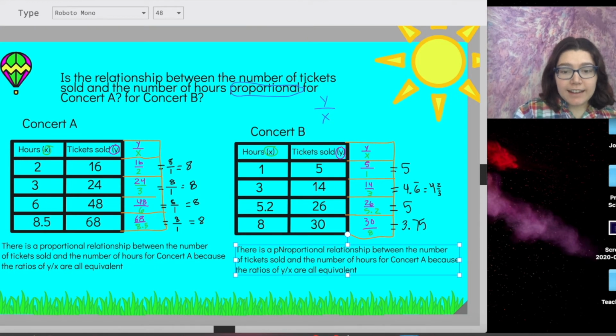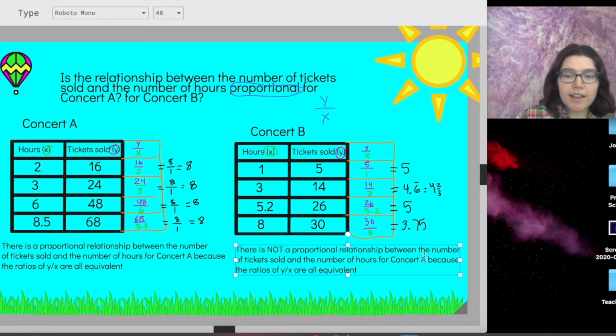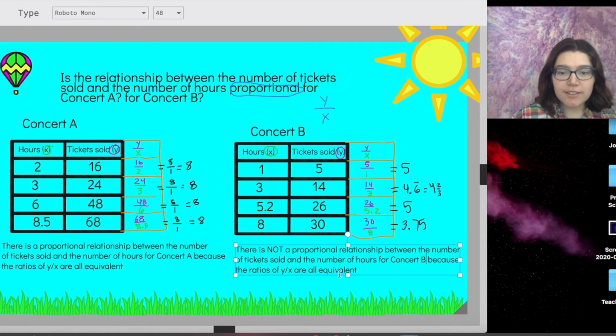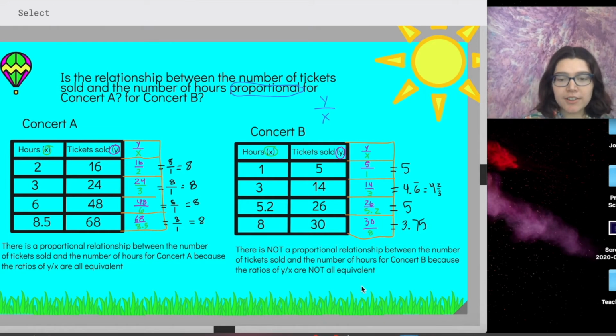There is not a proportional relationship between the number of tickets sold and the number of hours for concert B because the ratios of y to x are not all equivalent. Right, so I just copied and pasted and added in "not" because that's really the difference. In proportional relationships, the ratio is the same for every pair, and for non-proportional, that's not the case.